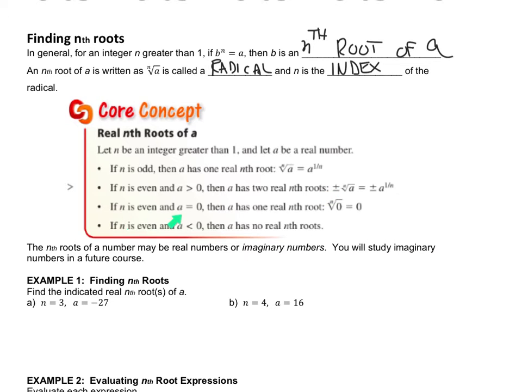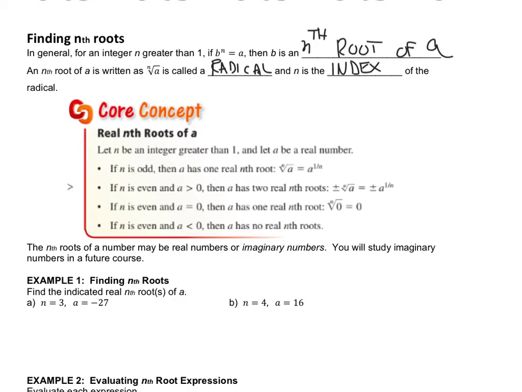If n is even and a is equal to 0, there's only one nth root, and that would be 0. If n is even and a is less than 0, there will be no real nth roots. So nth roots may be real numbers like we're talking about, or possibly imaginary numbers, which you'll study in later courses through high school.